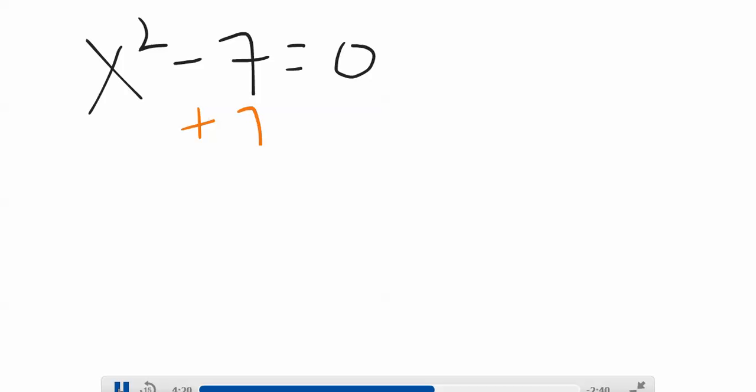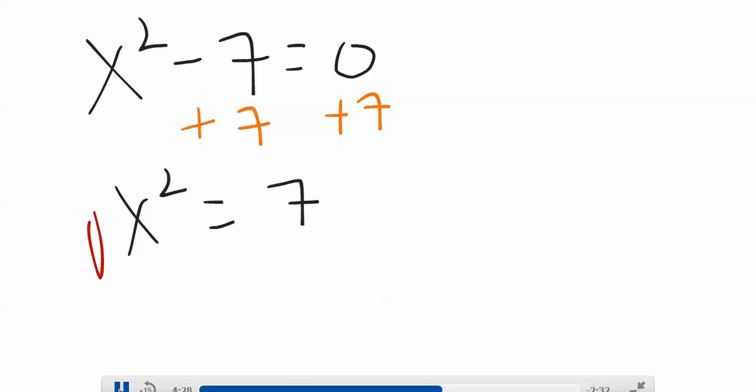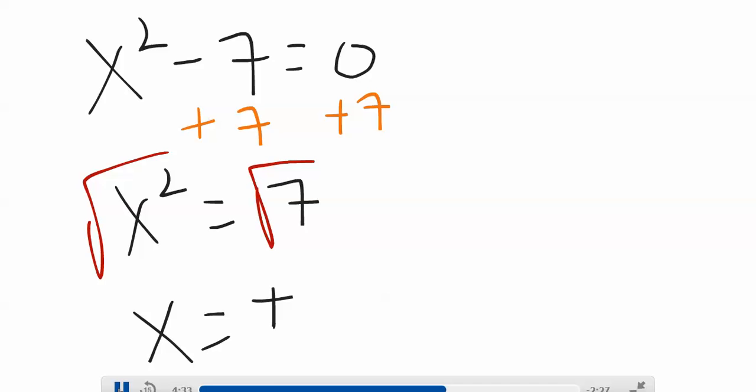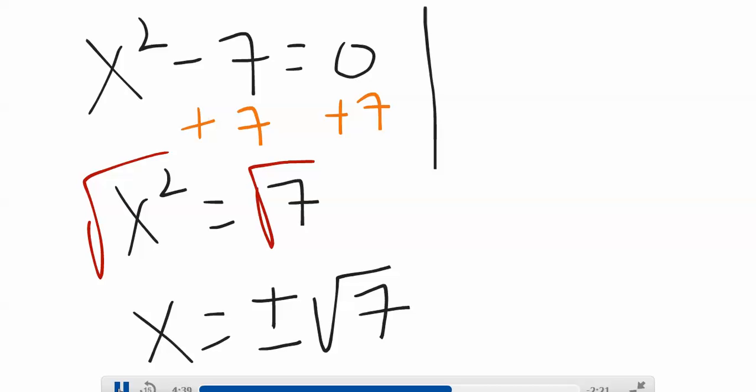Maybe a couple more might help out. How about x squared minus 7 equals 0? Here what you're going to do is add 7 to both sides. So now you have x squared equals 7. Next I would take the square root of both sides. So x is equal to plus and minus radical 7. Now we could get the decimal approximation for that, but we won't have to worry too much about that.